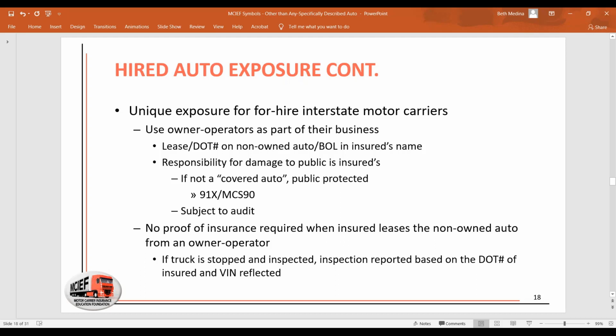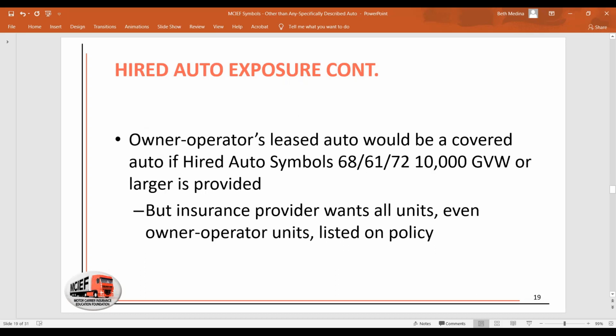When the vehicle is being inspected, that VIN number will be on that report, and so the insurance carriers will monitor the VIN numbers of the vehicles being inspected under the motor carrier's DOT number and know if a vehicle was on the policy or not. This is how the insurance carriers police or assure themselves that they are getting the premium for the vehicles the insureds are using, not just relying on the hired auto symbol itself.